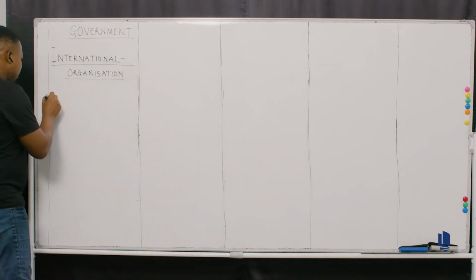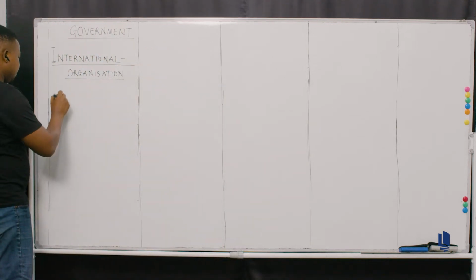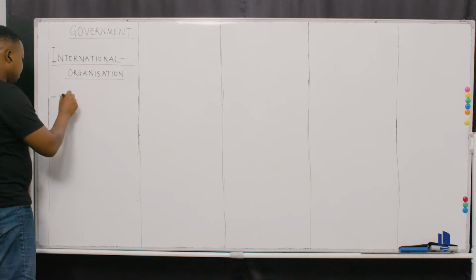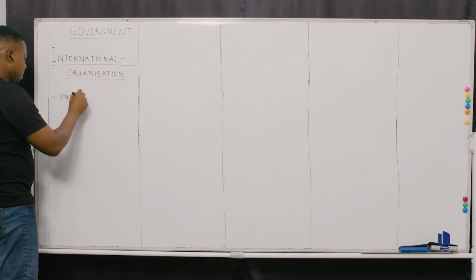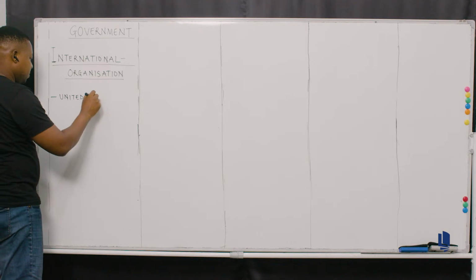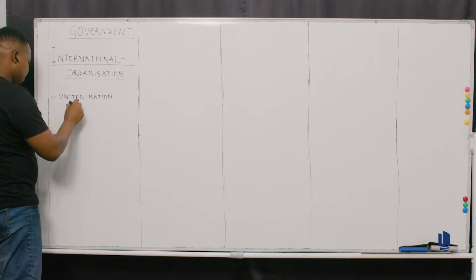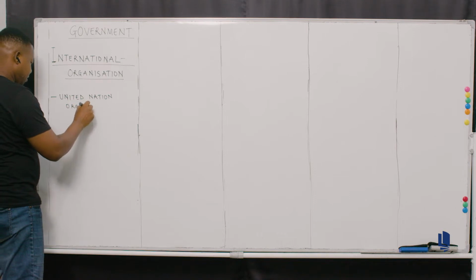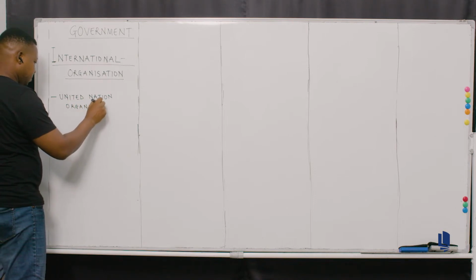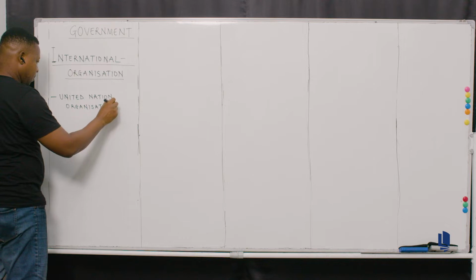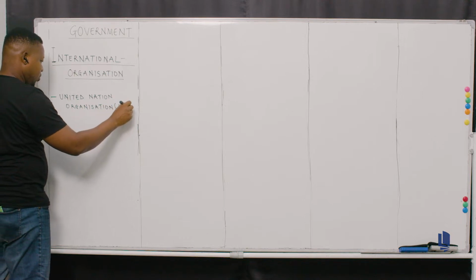So the topics we have under international organization, we have United Nations Organization, which is known as UNO.